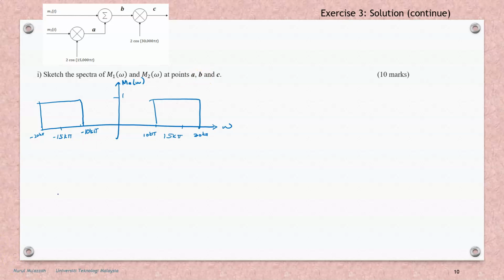Now point B is the multiplexing process between M1 and also M2(t) that has been modulated.